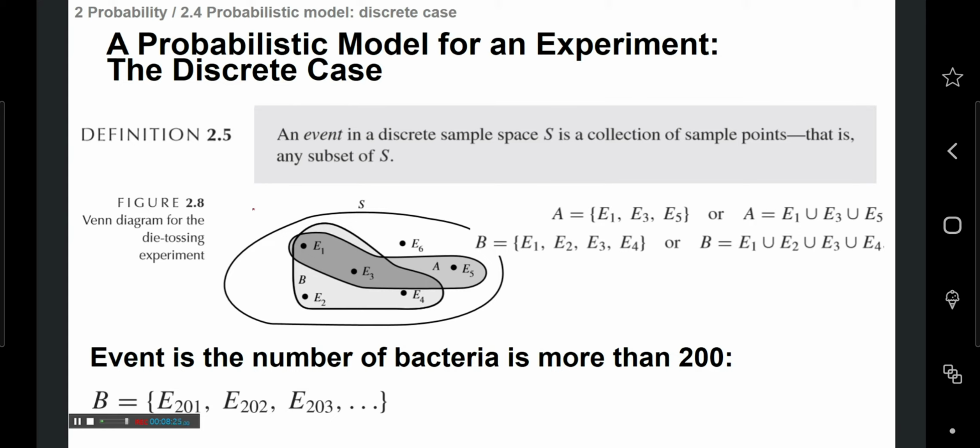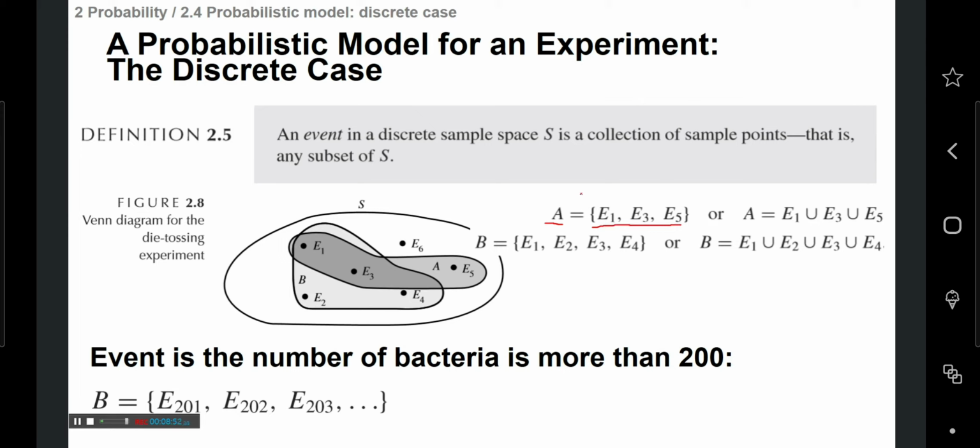In the previous die tossing experiment, our sample space S has single points E1 to E6, and any event like event A is a collection of sample points E1, E3, E5.